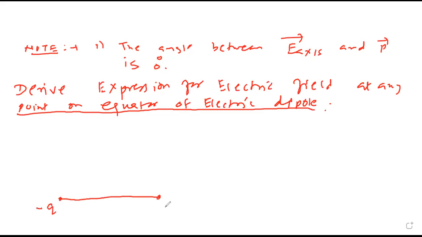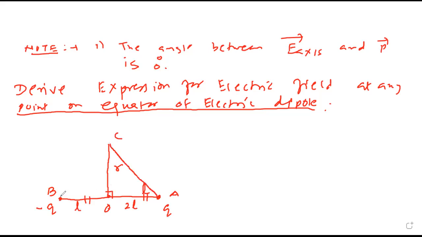Electric dipole consisting of negative and positive charge separated by distance 2L. Let O be the center, OA equals OB equals L. Let C be a point at a distance R from center O on the equator.